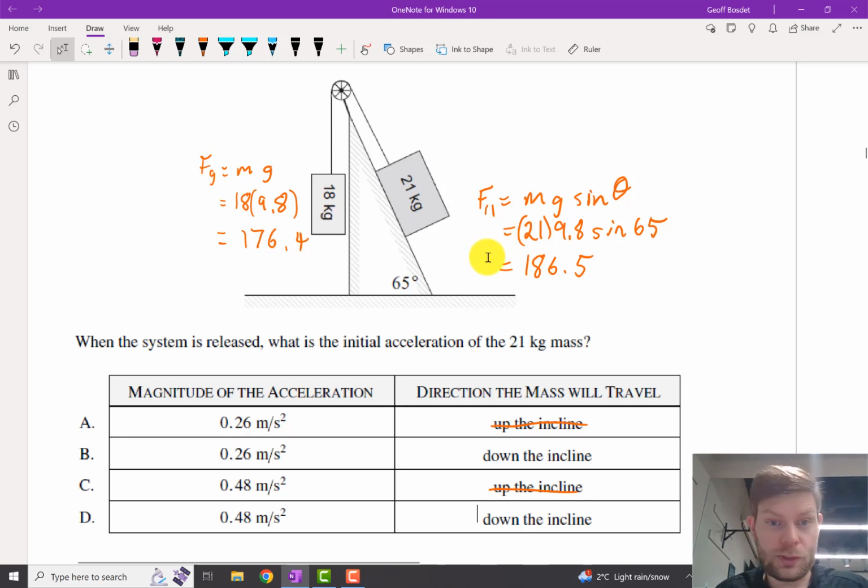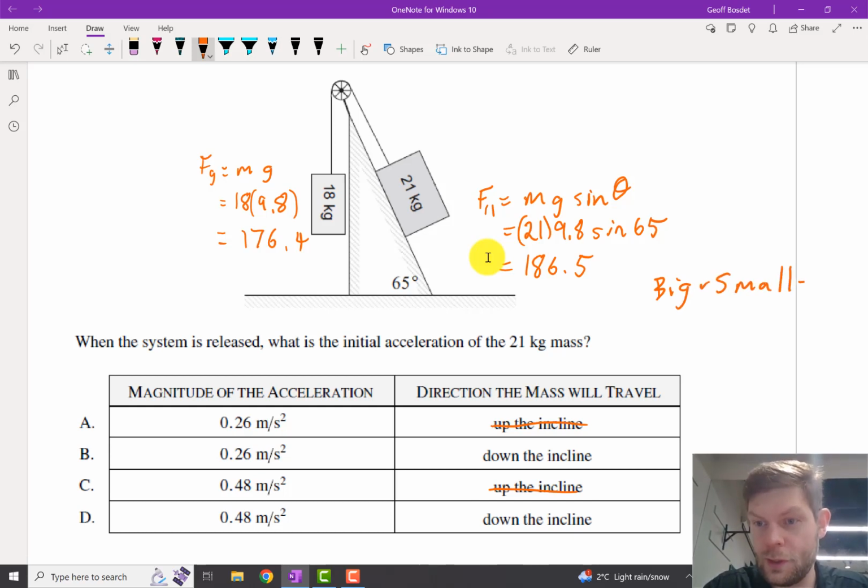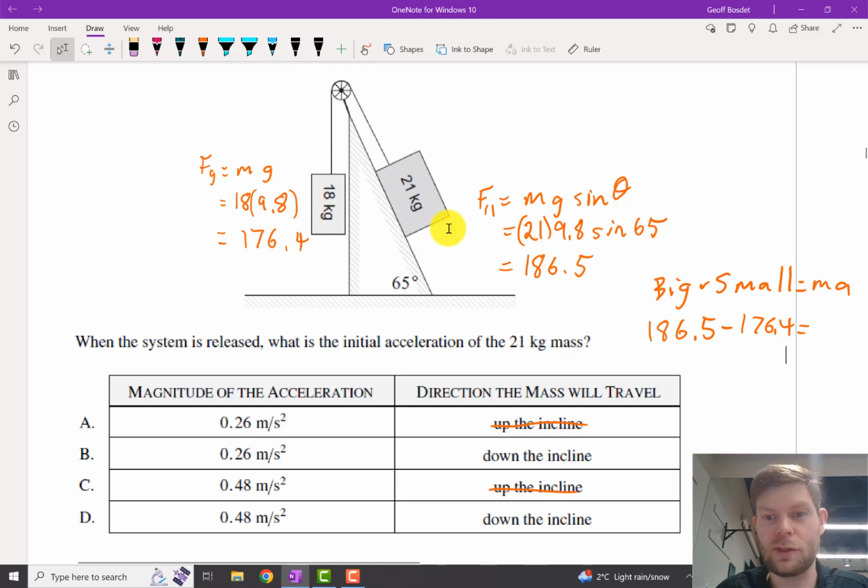And so if we're doing the whole system here, we can just do big minus small equals ma. Our big force is 186.5. Our small force is 176.4. That's bigger number, smaller number. And for mass, since I'm doing the whole system here, we're talking about the net force on the mass pulley system as a whole.